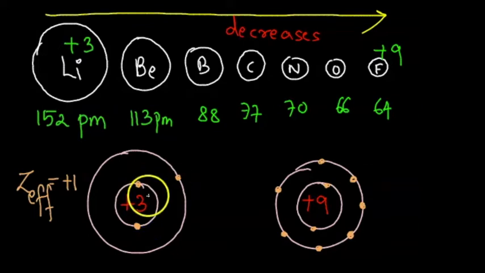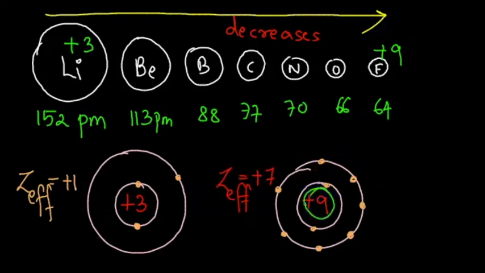Now the nucleus exerts a force of attraction on this electron. However, these electrons repel this electron, so they shield it from the nucleus. Similarly, this particular valence electron feels an effective nuclear charge of plus 7, which is 9 minus the 2 core electrons.